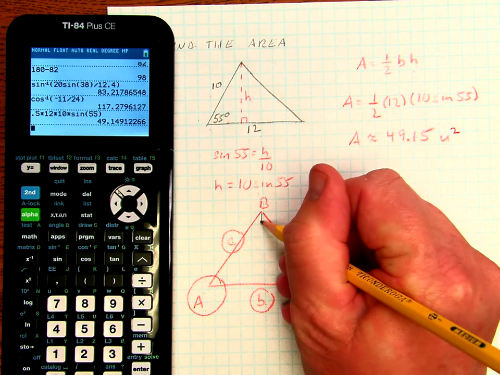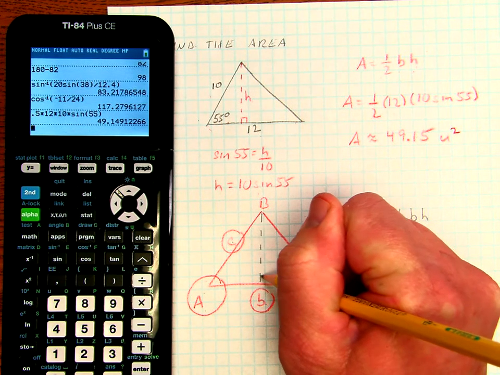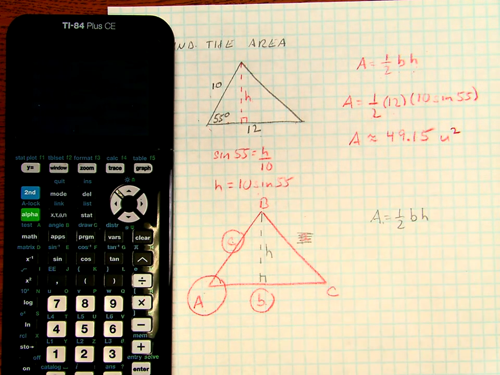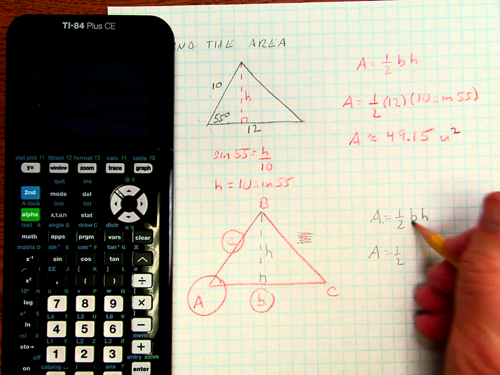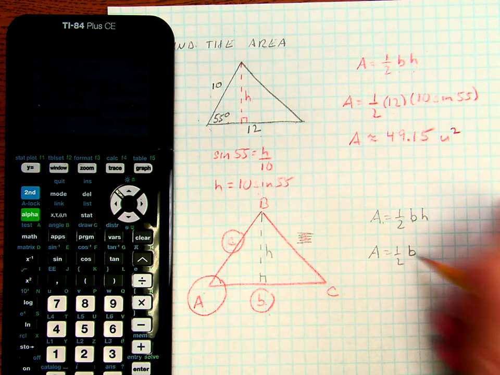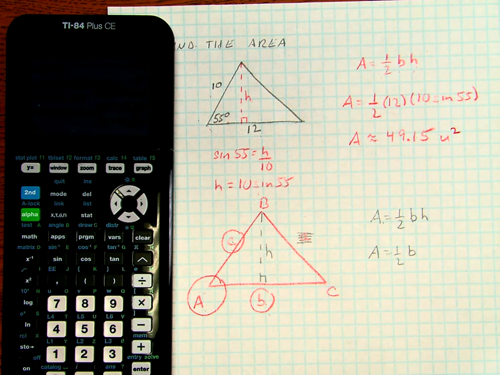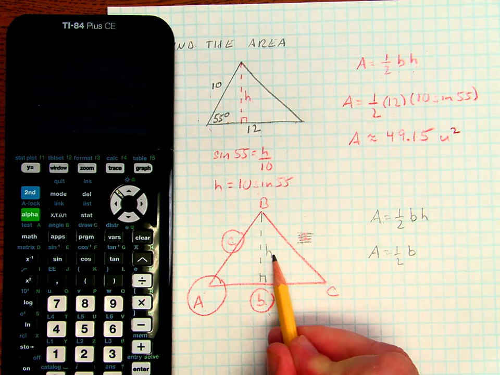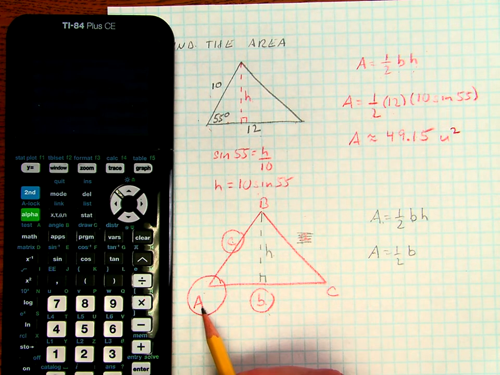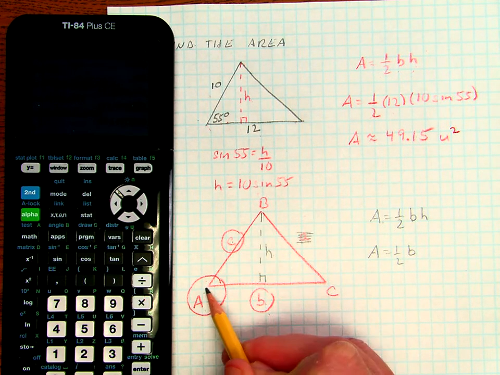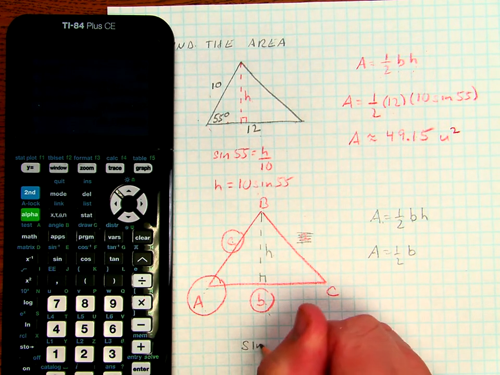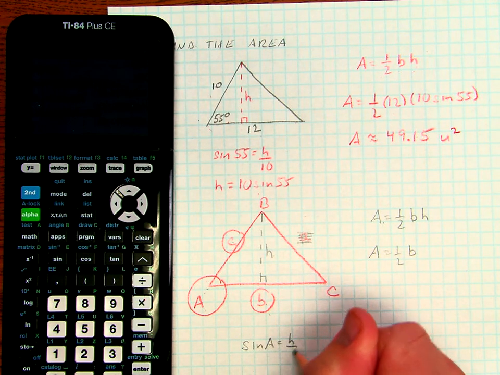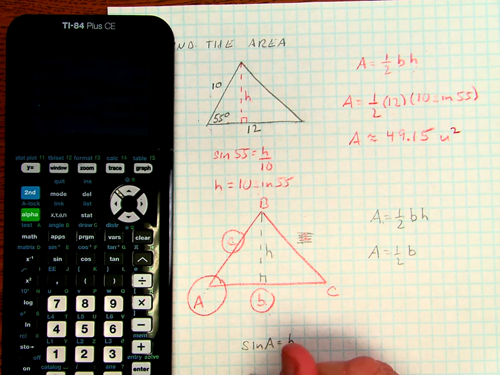I'm going to drop in a height. Coincidentally enough, the base of the triangle is side B. And then the height is going to be this guy right here, which we're going to get from a SOHCAHTOA trig equation working on the left right triangle. So the sine of A is equal to h over c, where h is equal to c sine A.